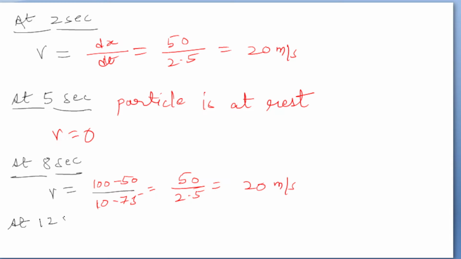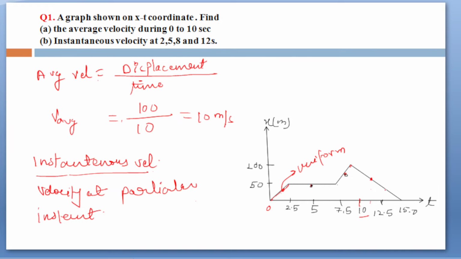Again at 12 second, so 12 second means something here. So again this is a straight line, so velocity is constant along this line.